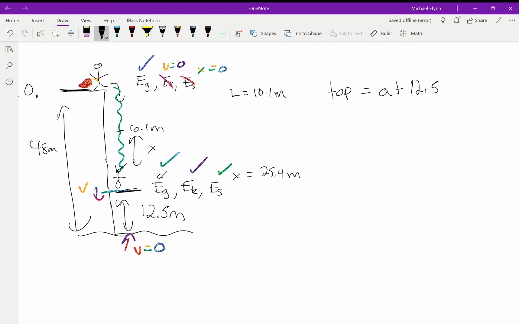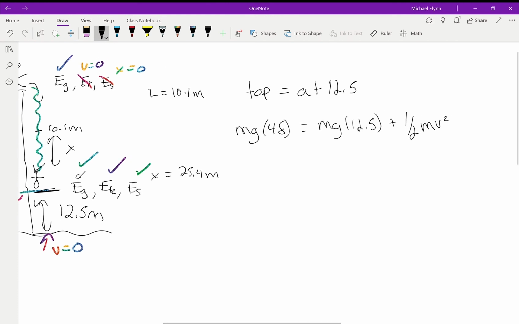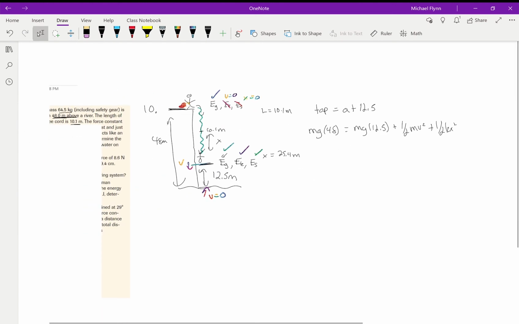So therefore, mg times 48 would have to equal mg times 12.5, that's the Eg, plus 1/2 mv squared, the Ek, plus 1/2 kx squared. Now, if I'm right, the only thing that's unknown in that whole equation is v. I think we've got everything else, right?